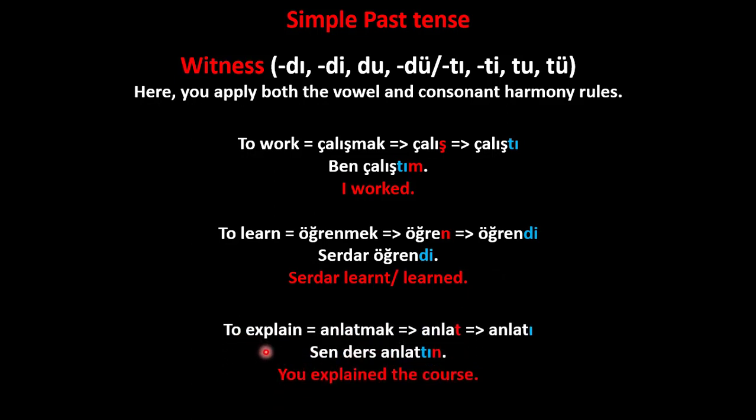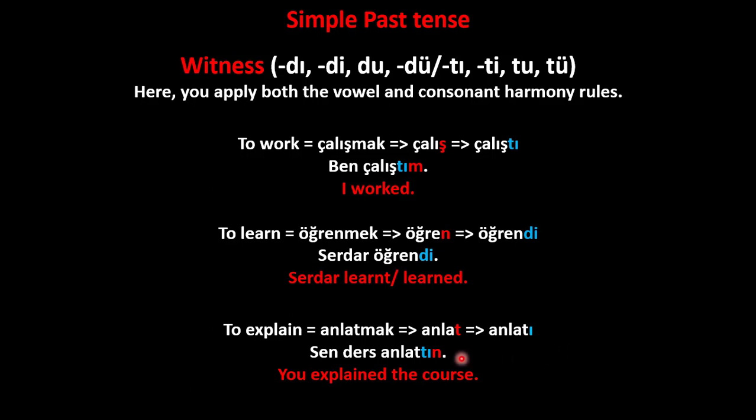To explain, anlatmak. When you separate the verb stem from the infinitive suffix, you have anlat. Here, look at what happened. It ends in t, and you're supposed to add t. So I made a mistake here. I am sorry about that.